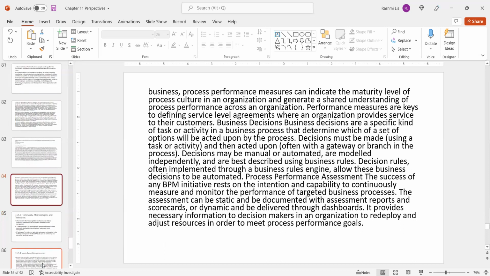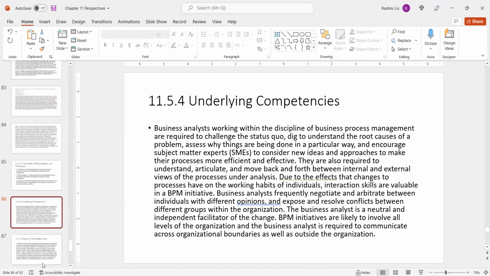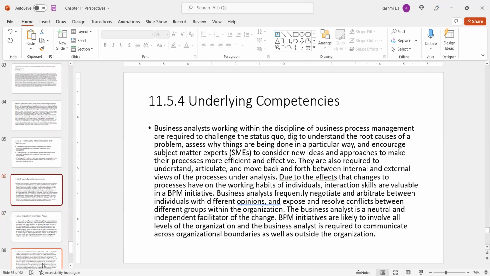Now, if we go a few steps further, let's understand underlying competencies for a BA working in such a perspective. They are required to challenge the status quo, understand the root causes of a problem, assess why things are being done in a particular way, and encourage SMEs or subject matter experts to consider new ideas and approaches to make their processes more efficient and effective.